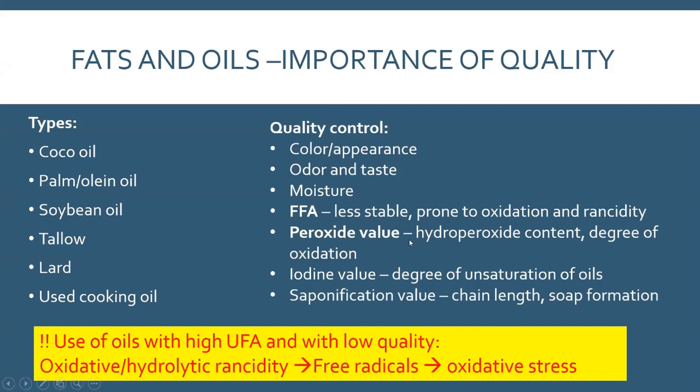So what do all these quality control measures tell us? At least FFA and peroxide value would tell us how oxidized our source of oil is, or whether we have high levels of oxidation ongoing in that particular oil source.